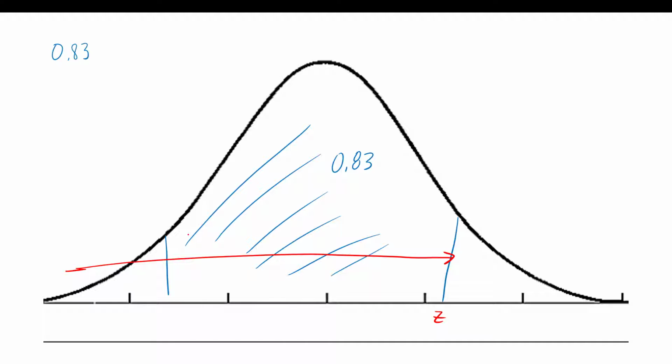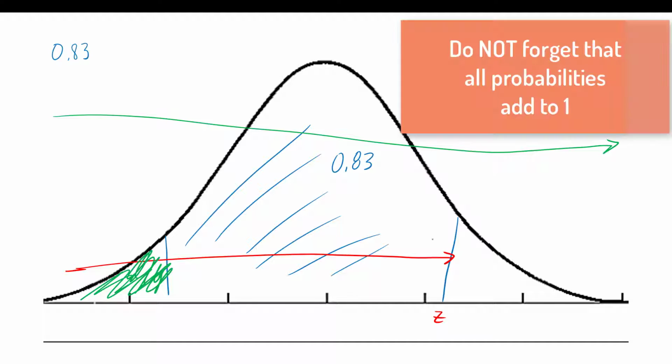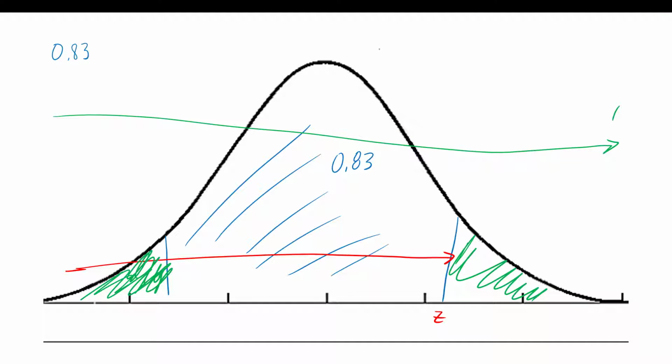So the problem is I have some area that is not shaded in, which is this area right here. So I've got to figure out what that area is. Well, if the entire curve adds up to 1, then I would know these two areas would be 1 minus 0.83, which would be 0.17.